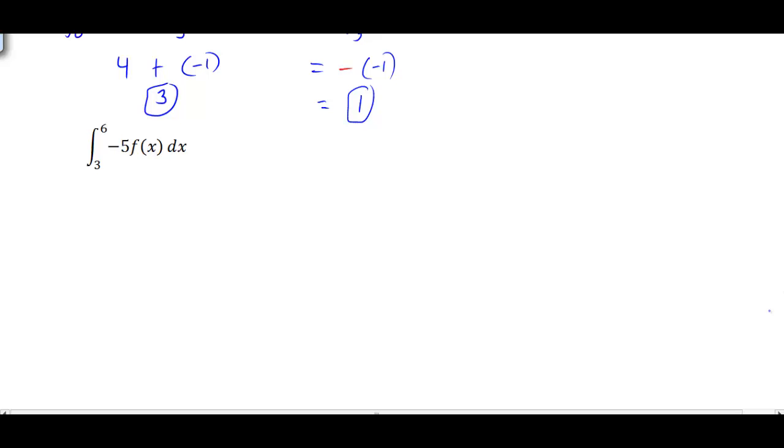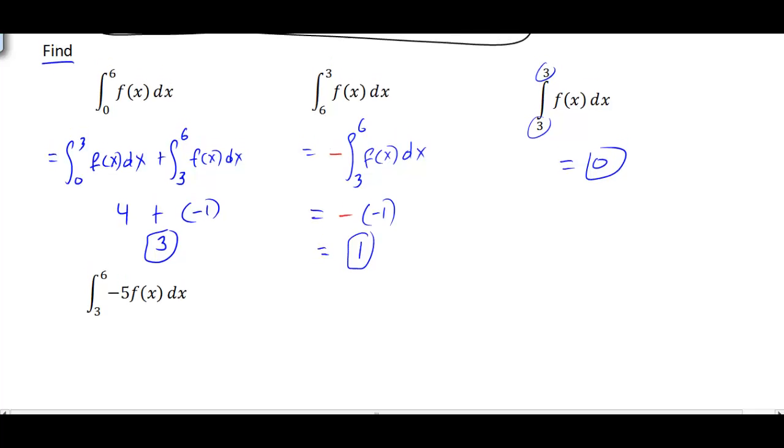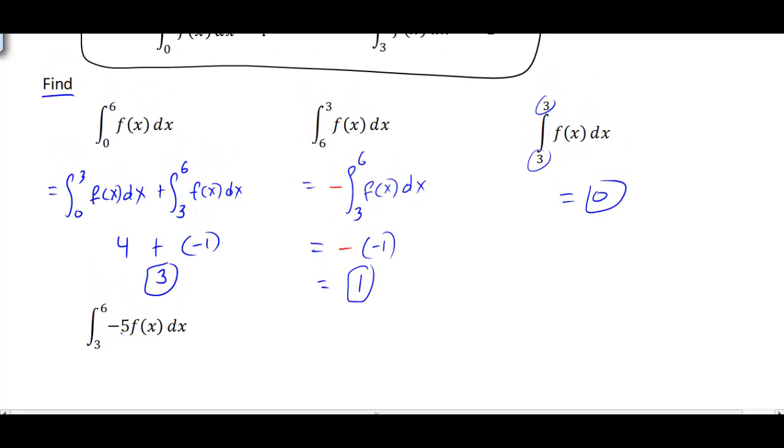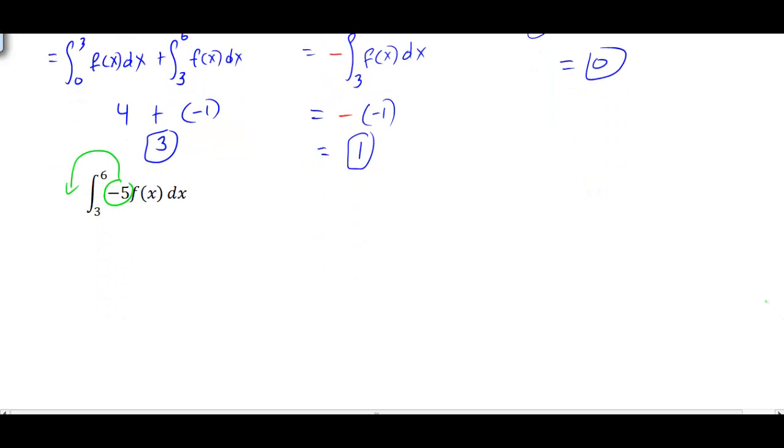And one last example here to look at. We have the integral of 3 to 6, and we have a negative 5 times f of x dx. So the negative 5, I want to reinforce here that we can actually move the negative 5 out front, because that's just a constant multiplier, and we can leave the f of x dx here, and we're still going to integrate from 3 to 6.